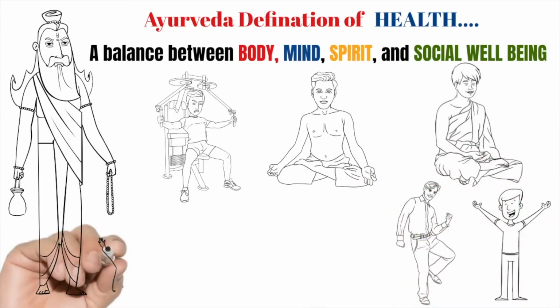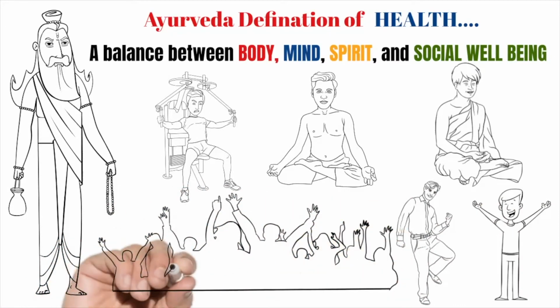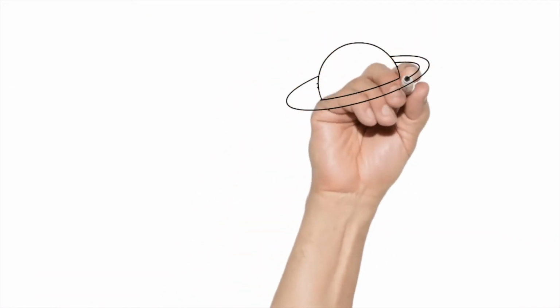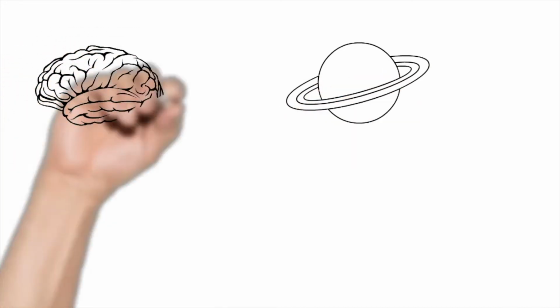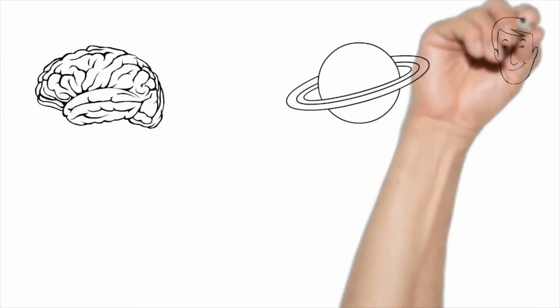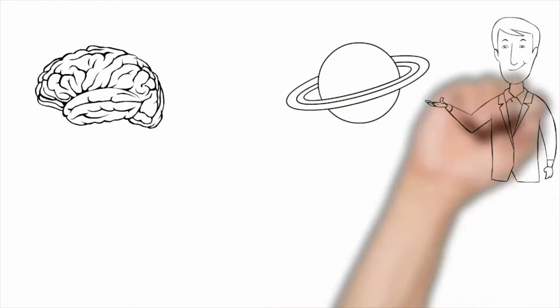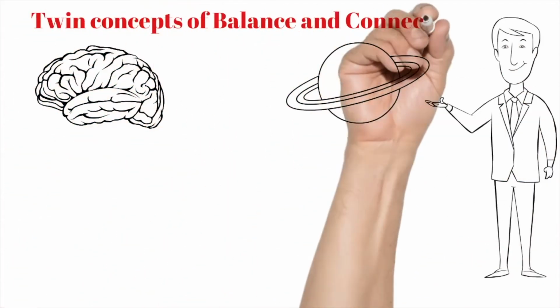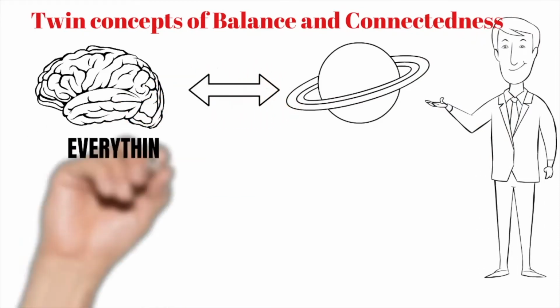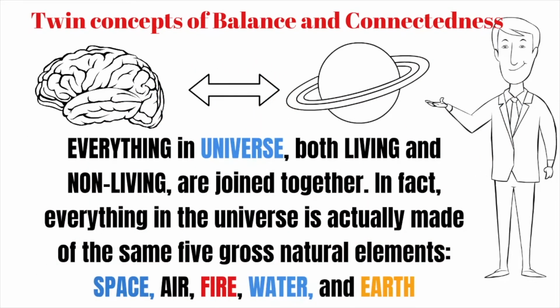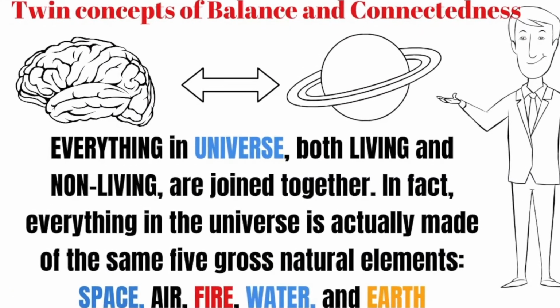You will be surprised that the definition by WHO and definition by Ayurveda are not much different. They are talking about not only body, but they are also talking about mind and social well-being. In fact, in Ayurveda, there is something beyond. They emphasize on the twin concepts of balance and connectedness throughout the Ayurvedic text.